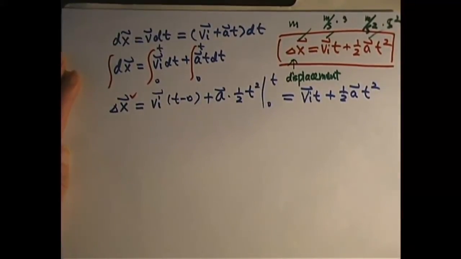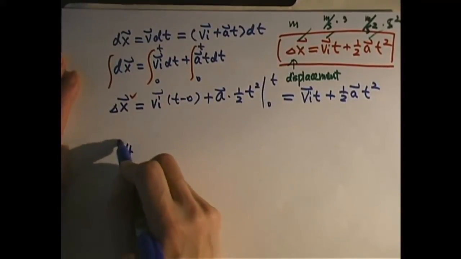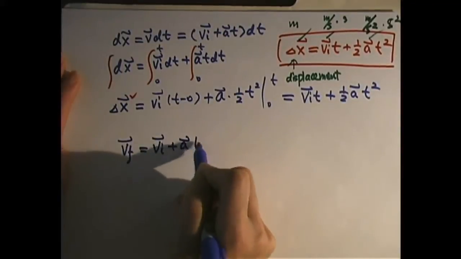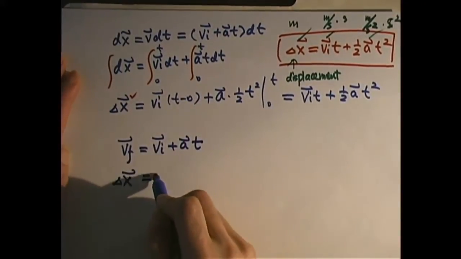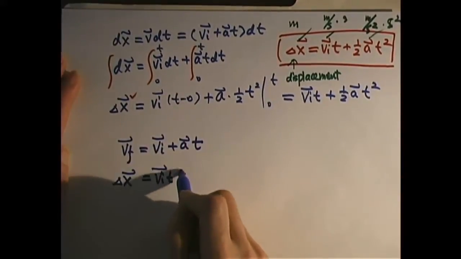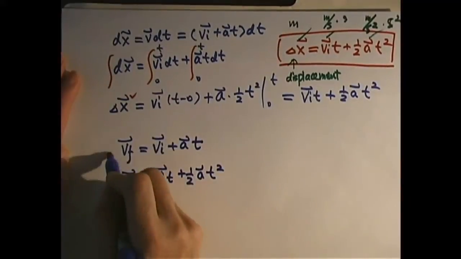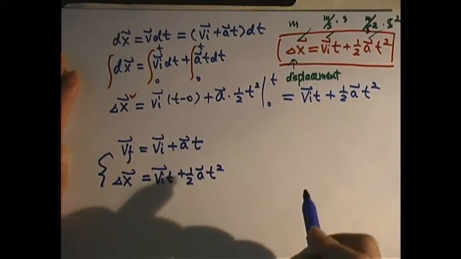Now, if I list equation 1, which is v final equals v initial plus at. The second equation we get is delta x equals v initial t plus 1/2 at squared. That's two equations. If we combine these two to eliminate t, how do we do that?